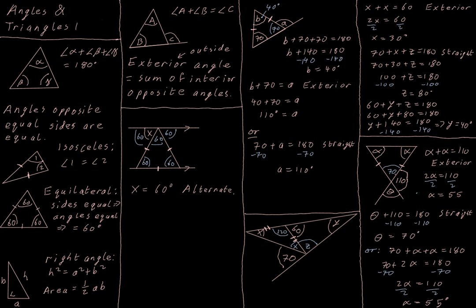So the more we are able to look at these questions from multiple perspectives, the better training we get, and particularly importantly, that we are always writing down why our argument is true, that we're using the fact that the exterior angle is equal to the sum of the opposite interior angles, or the fact that what we're doing is adding up to a straight line, or the fact that we have alternate angles.